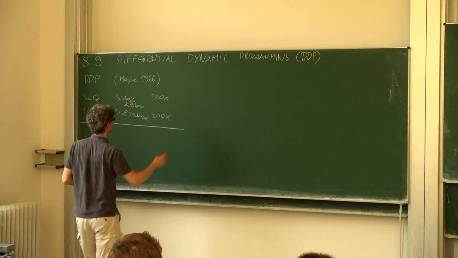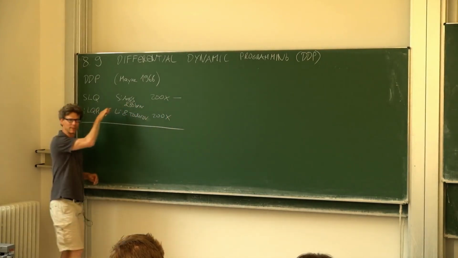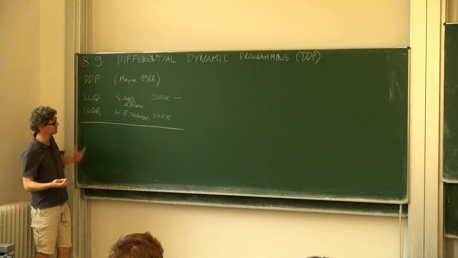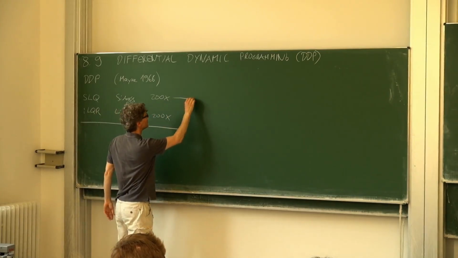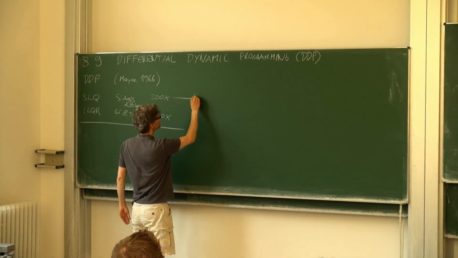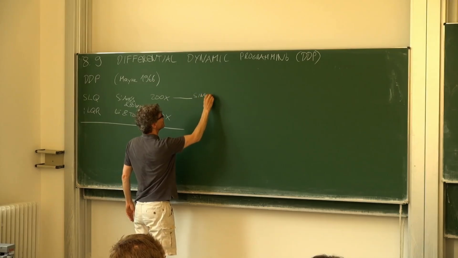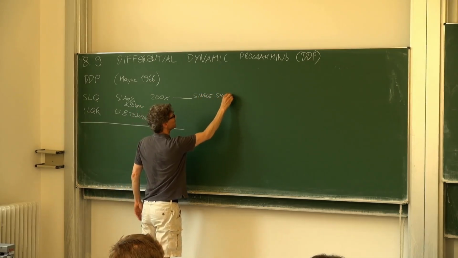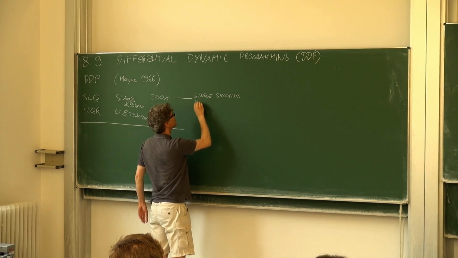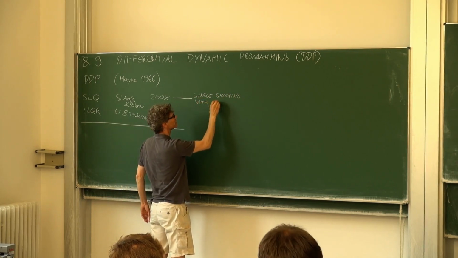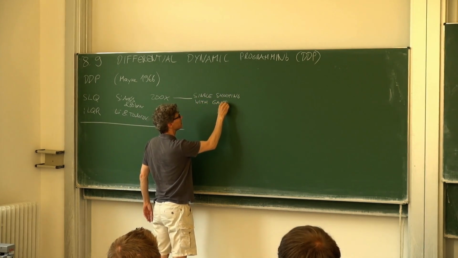And maybe I should just say, this is the only algorithm that we know already, even though it's not known under that name to us yet. So this would be single shooting with the Gauss-Newton Hessian. So we know about what we would do then, right? Gauss-Newton Hessian.